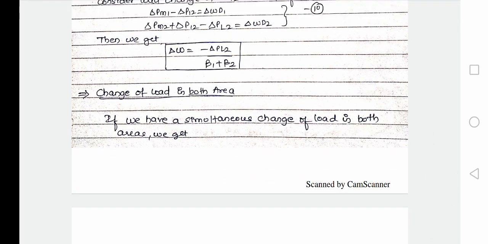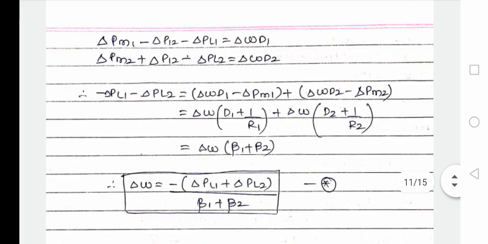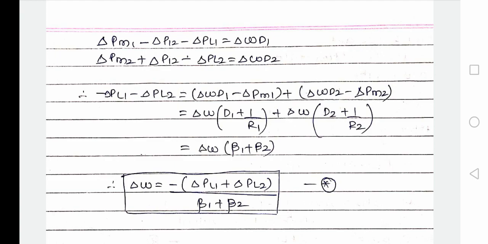Suppose you combine both the areas, if you have a simultaneous change in both the areas, at that time you have to write the equation for that, that is delta PM1 minus delta P12 minus delta PL1 is equal to delta omega D1. And similarly for area number 2 we can write it as delta PM2 plus delta P12 minus delta PL2 is equal to delta omega D2.